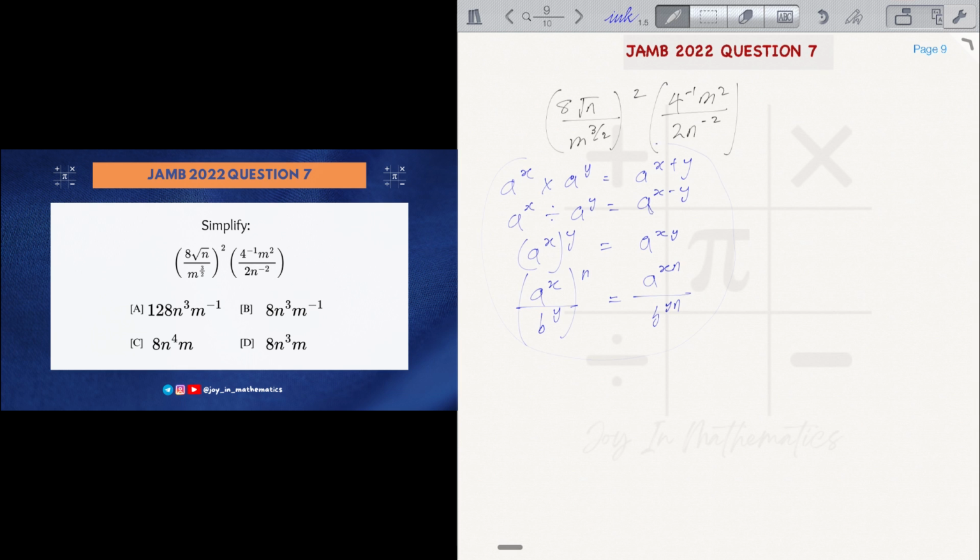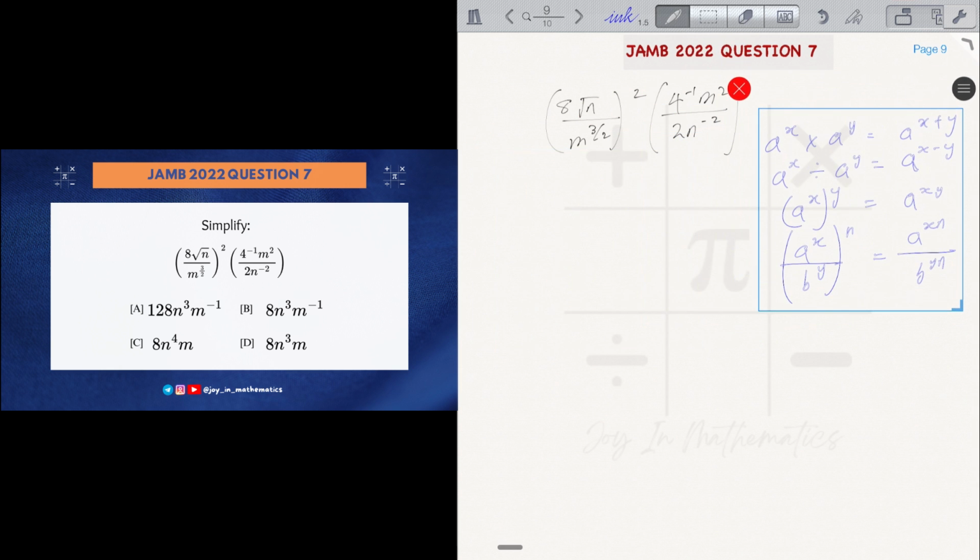Let's proceed on to the question now. We have 8 root n and m raised to the power 3 over 2 all raised to the power of 2. So let's apply this principle.